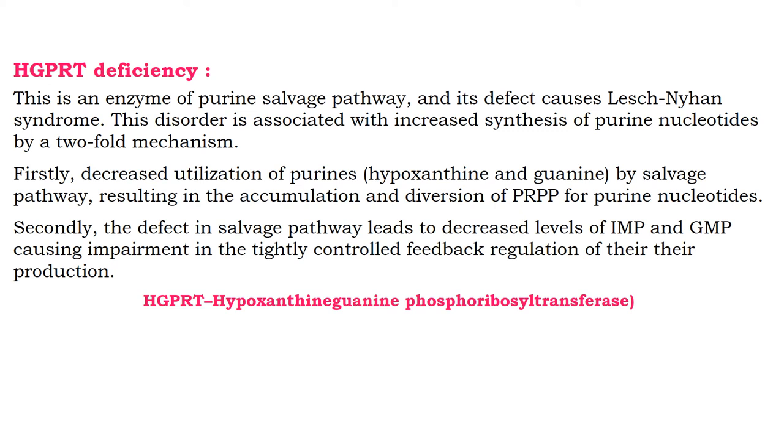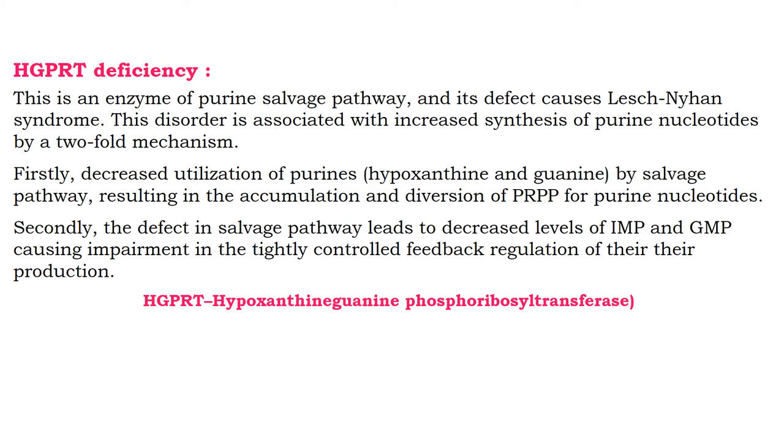Firstly, the decreased utilization of hypoxanthine and guanine by the salvage pathway will result in the accumulation of PRPP for the purine nucleotides. Because this enzyme is in the salvage pathway, the salvage pathway cannot recycle the free purines. If the free purines are not recycled, definitely there is an increase of these purine nucleotides.